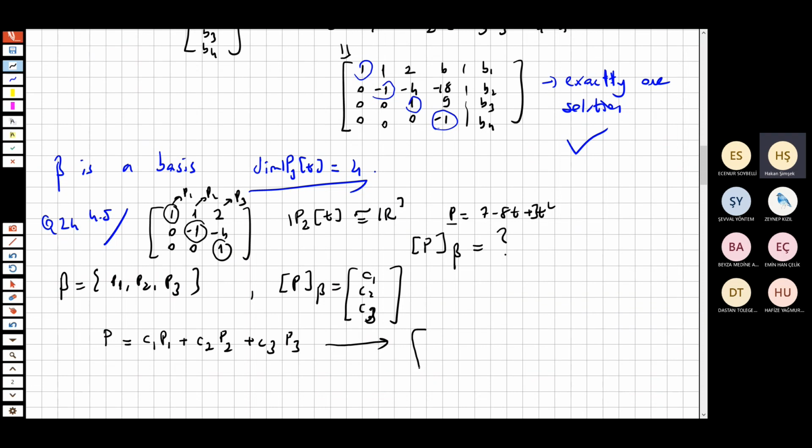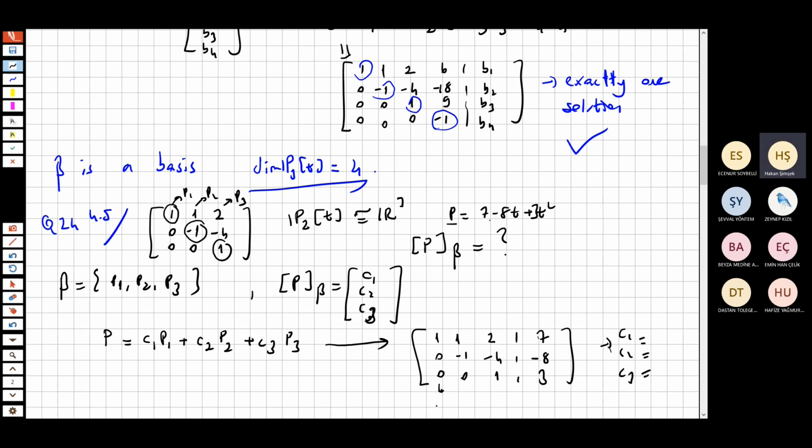Please solve yourselves. 1, 0, 0, 1, minus 1, 0, 2, minus 4, 1. What is P? 7, minus 8, 3, the coefficients here. And from here, you will obtain C1, C2, C3.